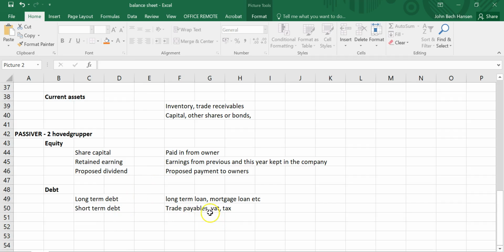Normally, short term is our suppliers. Probably they would want their money within a year. VAT also within a year. Tax also within a year, and a lot of other things. So normally, long-term debt is mortgage loans and standing loans.